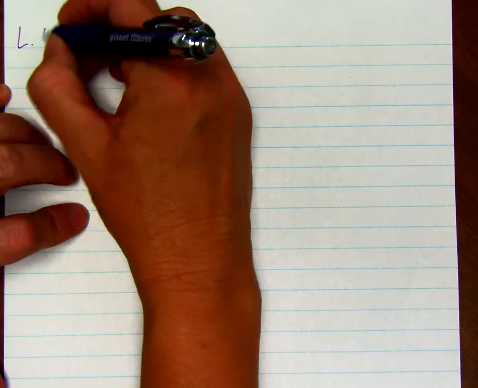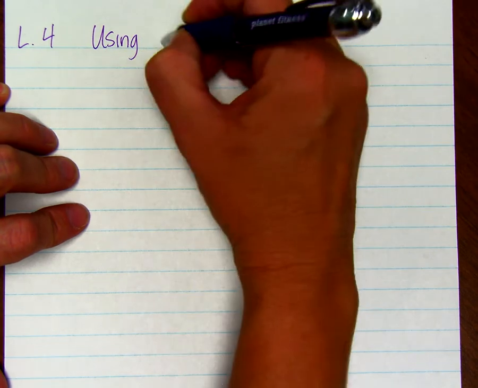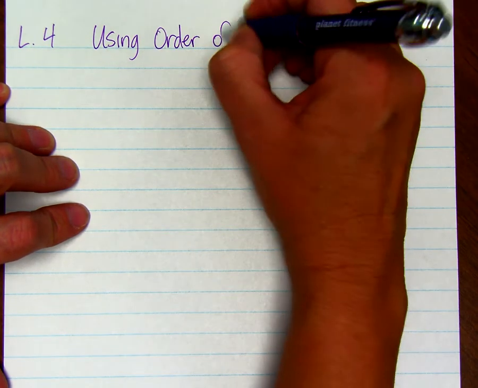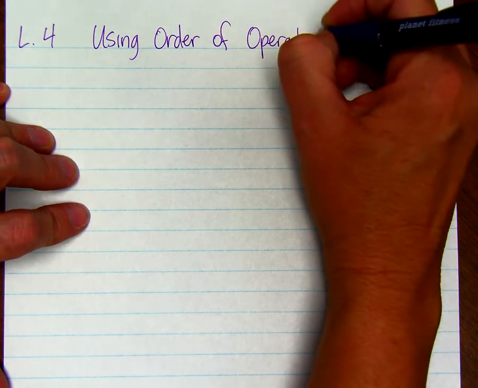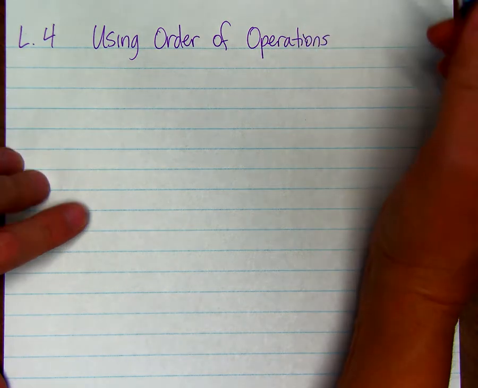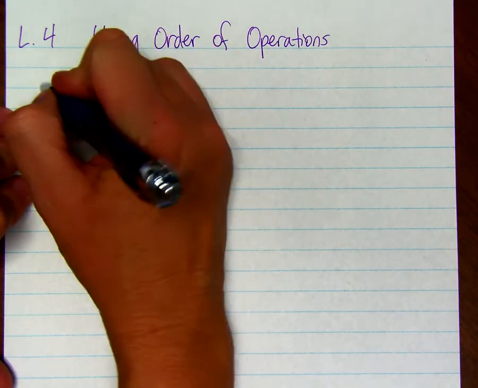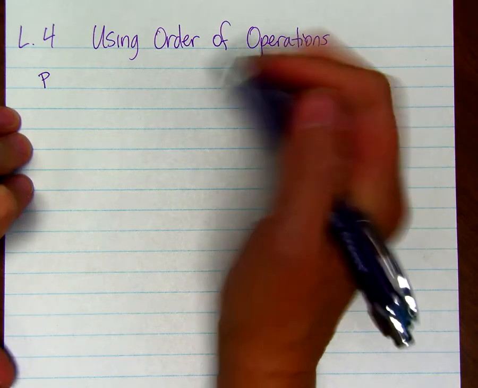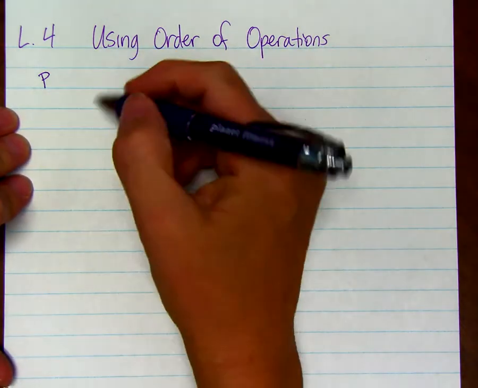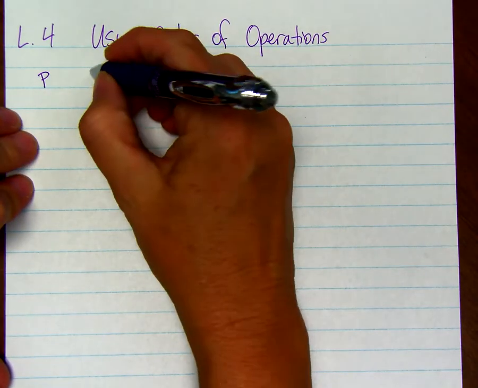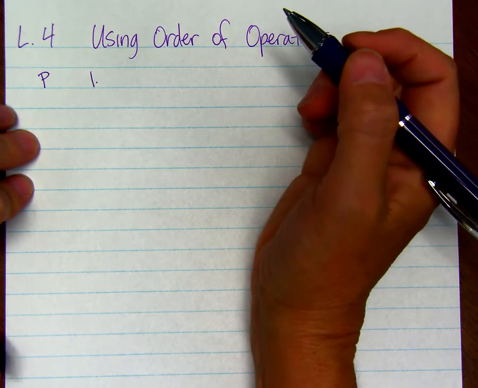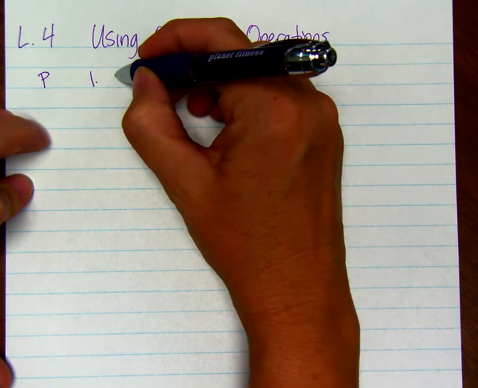Lesson 4, using order of operations. So we use an acronym for this, or some letters, and the first one is work inside grouping symbols.